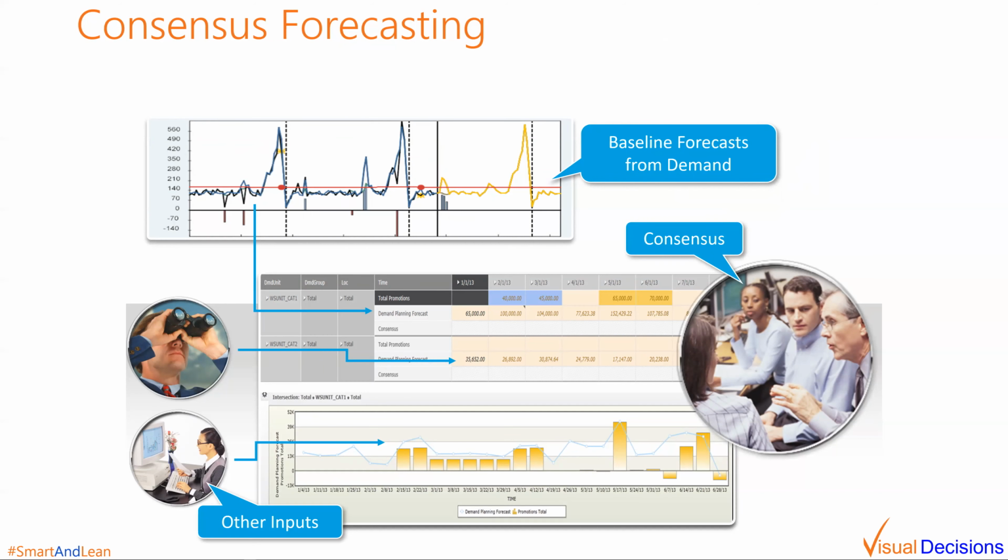This process where it becomes very difficult to statistically generate the demand or forecast the demand also means that the inputs from the people in the process are going to become more important.